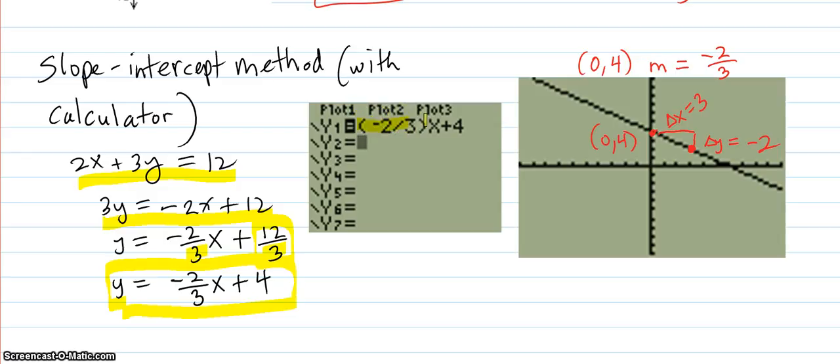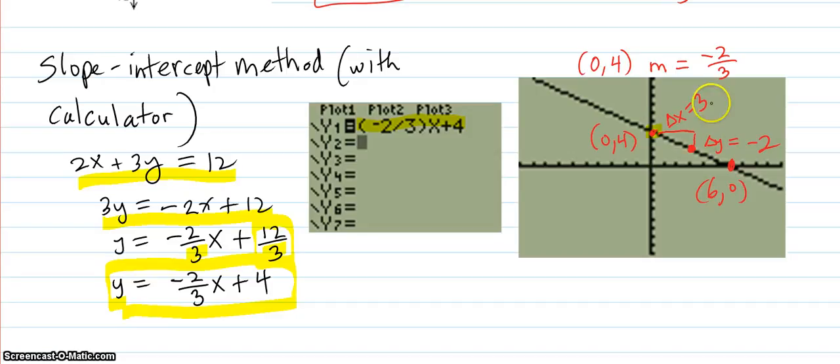Put it in the calculator in the y equals, then graph it on the standard window, and we see it go right through here, and it does go through (0, 4), and it does go through (6, 0), so we know it's the right line, the same as before.